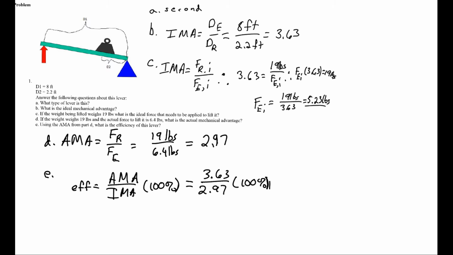And what's our efficiency? 0.82%. That's a terrible percentage sign. That's the answer. Any questions on that?